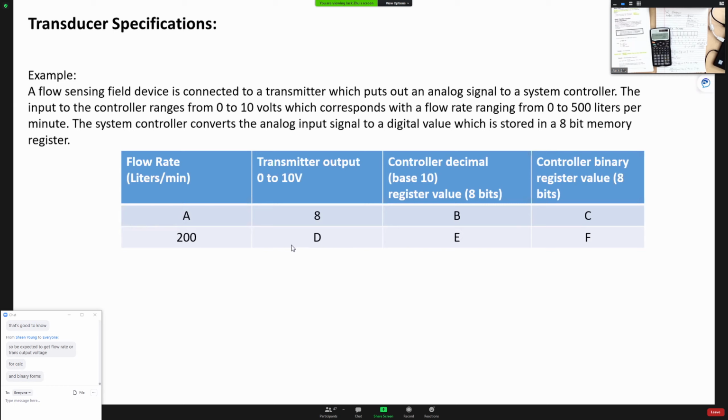Can you do the calculation for the second one? Calculate what's the number D, what's the number E, what's the number F down there.